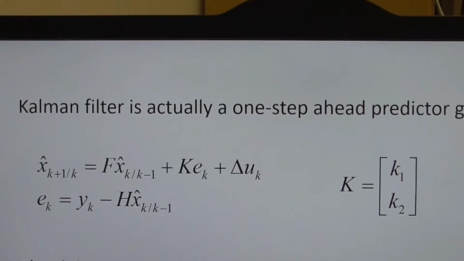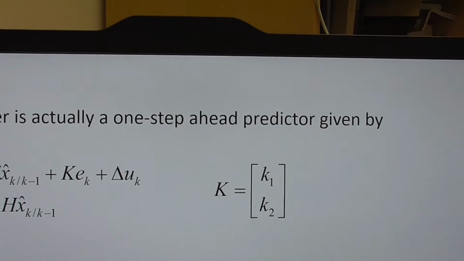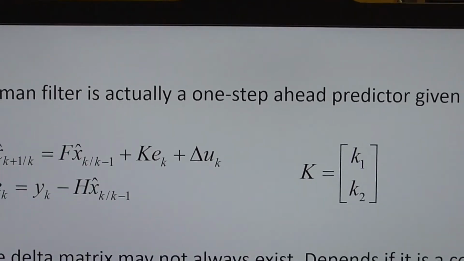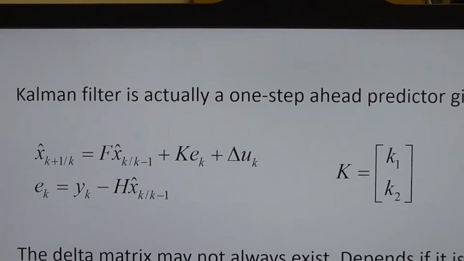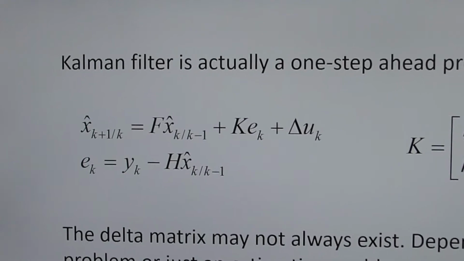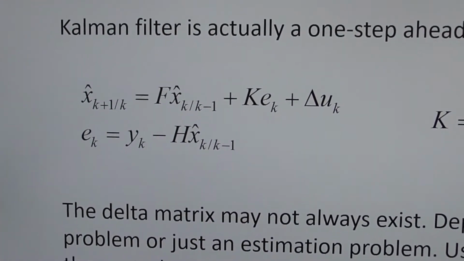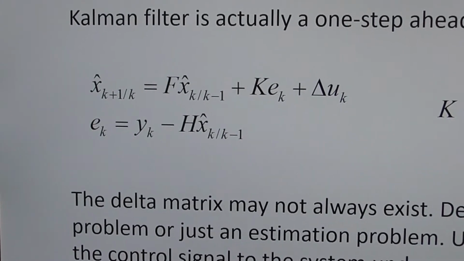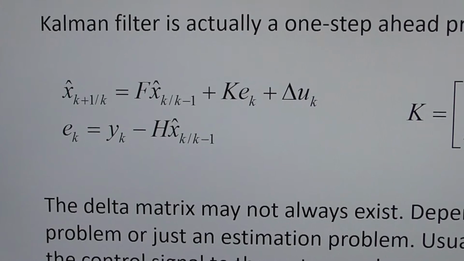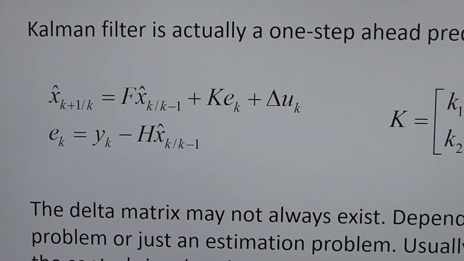Now, what is a Kalman filter? The Kalman filter, the way we use it, is actually a one-step ahead predictor. That's not to say that all Kalman filters are one-step ahead predictors, but rather that the simplest one to use is the one-step ahead predictor. I'll come back to that in a minute. Here's the Kalman filter. It's a model of the system. x hat, the hat means an estimate, (k+1) equals F x hat(k) plus K times an error plus Delta u, if Delta exists at all, that is.